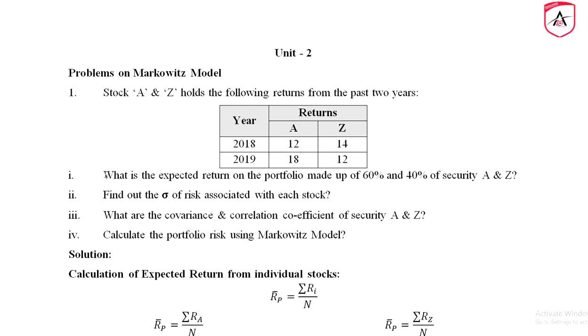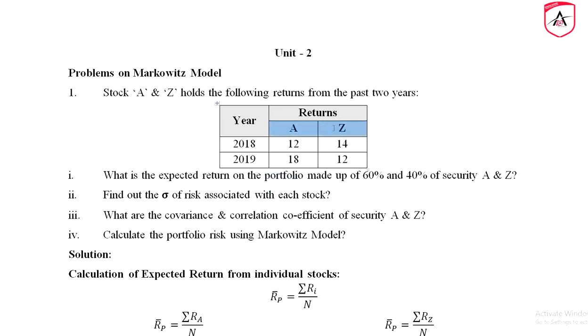What is the expected return on the portfolio made up of 60% and 40% of security A and Z? So what exactly does this mean to say? Here we have to find out the expected return on portfolio. See, portfolio means instead of investing in a single stock, we are going to invest in 2 or more securities.